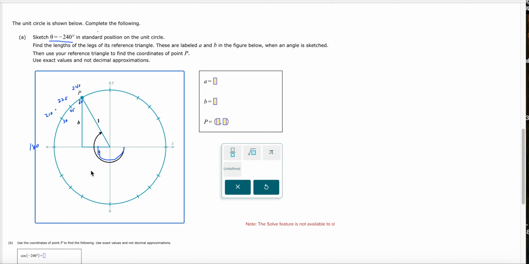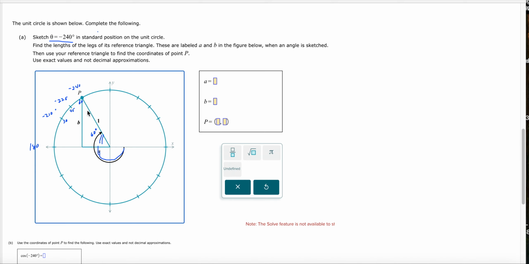And since we're going in the negative direction, those would all be negative. And so that means our reference angle right here would be 60 degrees. So the reference angle, again, remember, is that angle made with the x-axis.